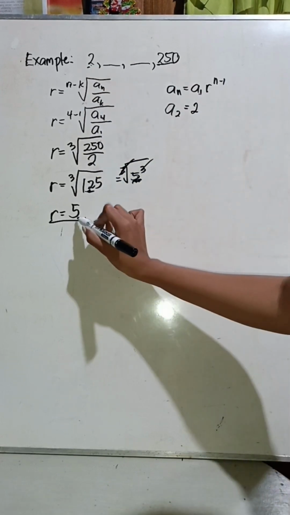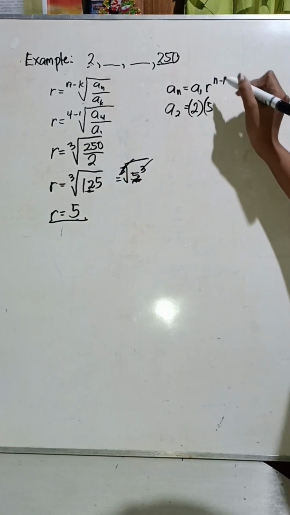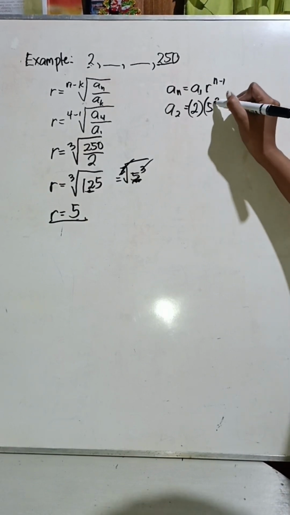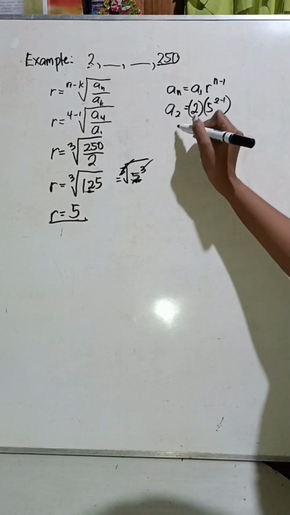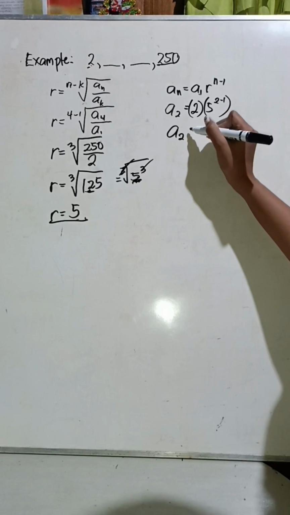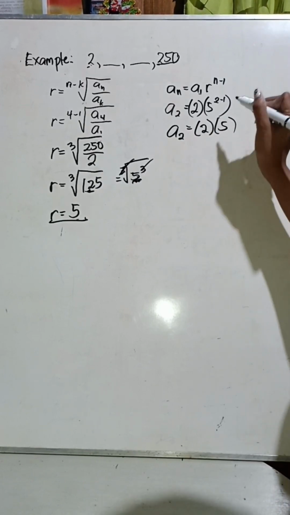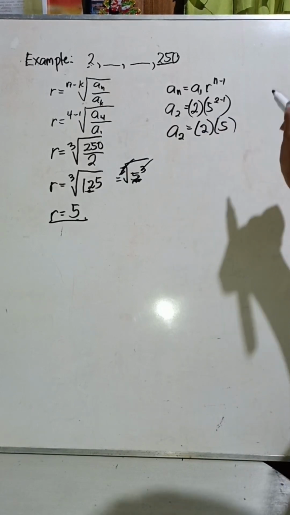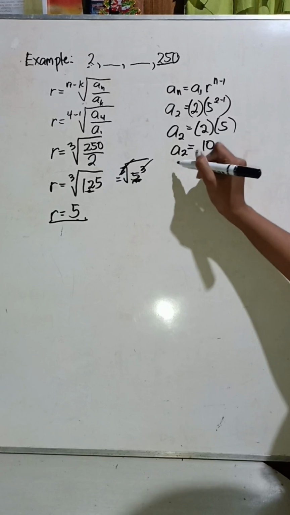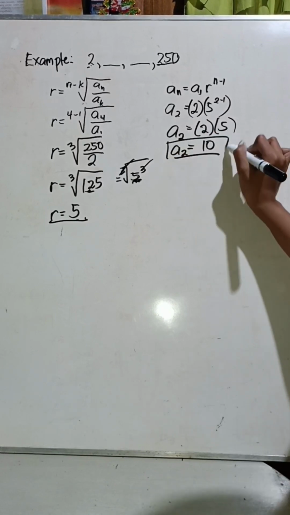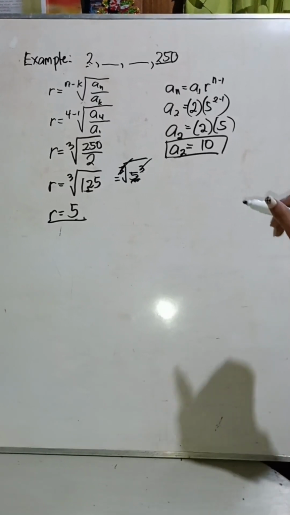Atong r is 5. N, same ani, 2 minus 1. So, 2 minus 1, 1 naman siya. So, a sub 2 is equals to 2 times 5. Kaya 1 na lang atong exponent. So, 2 times 5 is equals to 10. Diba? Tama? Next.